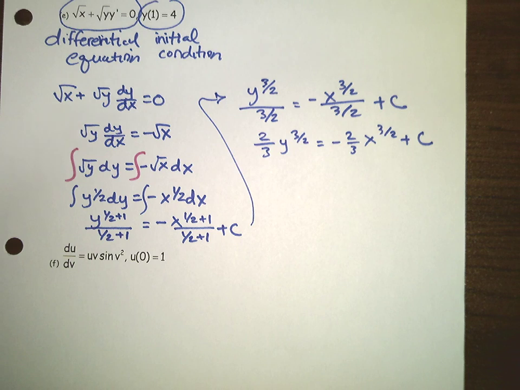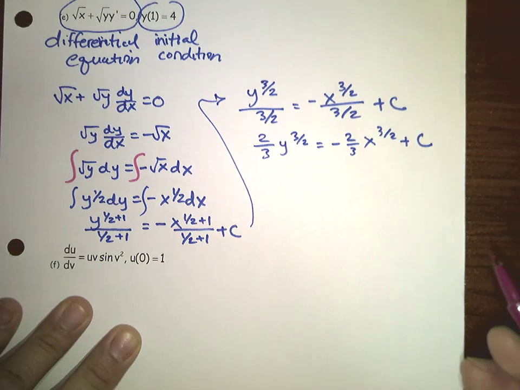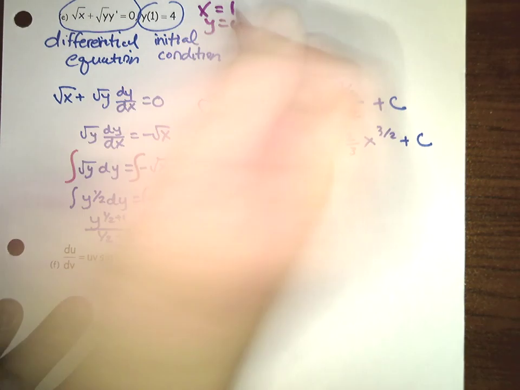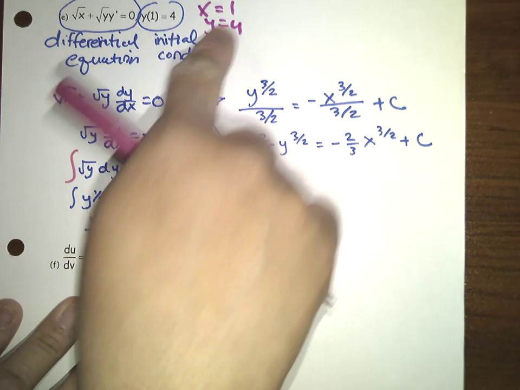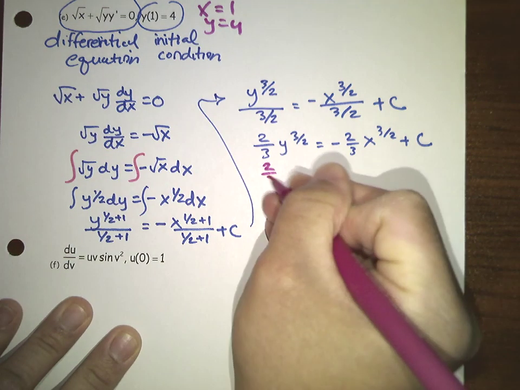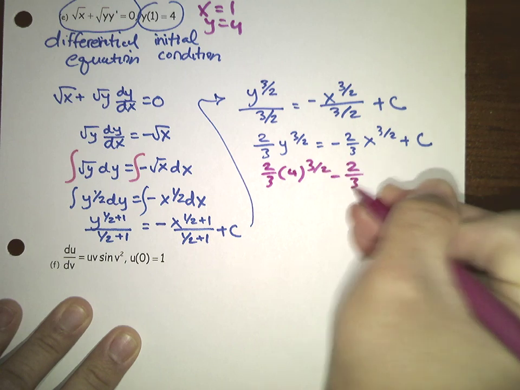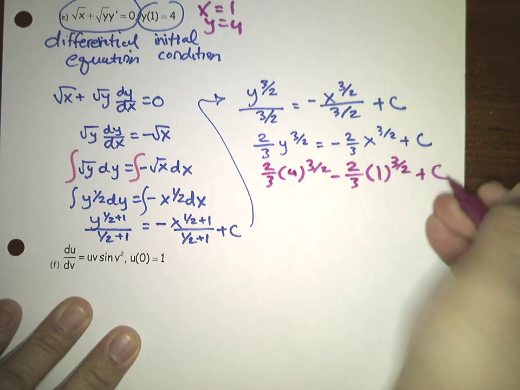So if I do that, here x is 1 and y is 4. That's what that y of 1 notation means. So x is 1 and y is 4. So 2/3 times 4 to the 3 halves equals negative 2/3 times 1 to the 3 halves plus c.